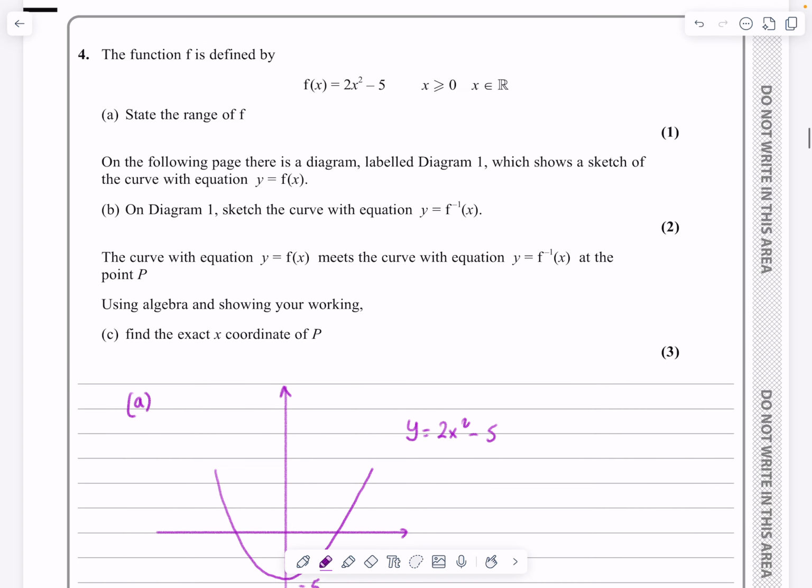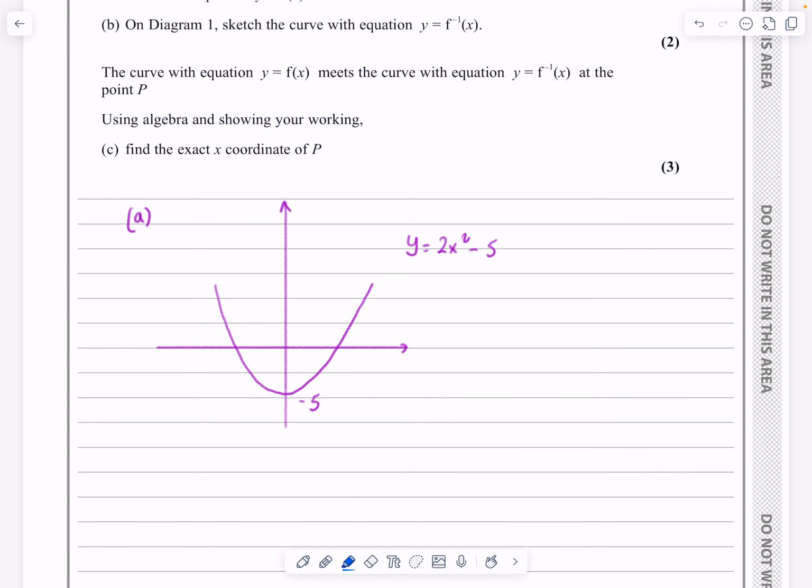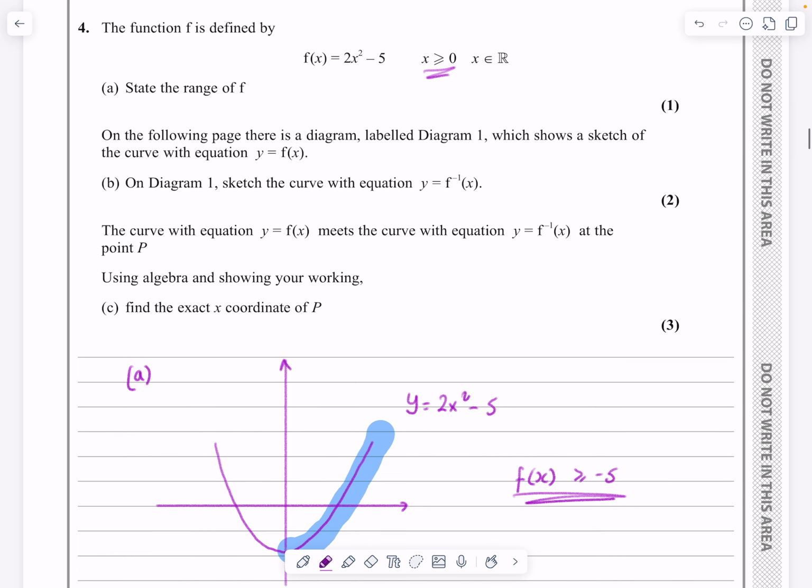What's the domain? x is greater than or equal to 0. So we're talking about that being our function, which means the range of f(x) is just f(x) is greater than or equal to minus 5. So only one mark for that, and fair enough, that's a very, very straightforward part A.